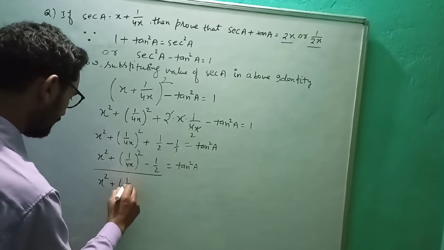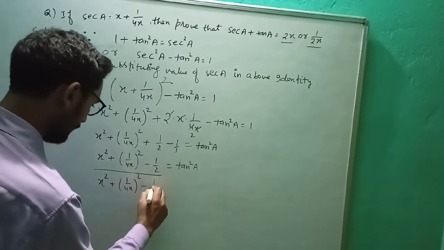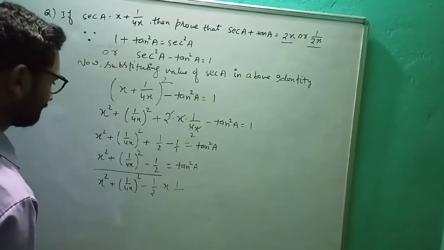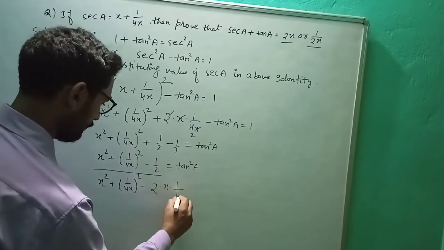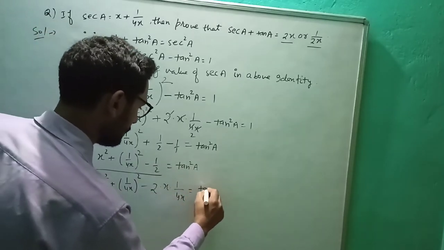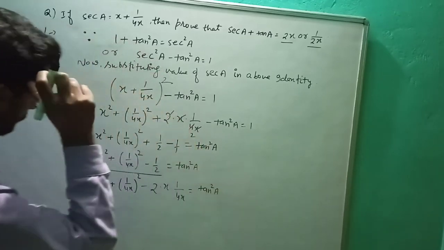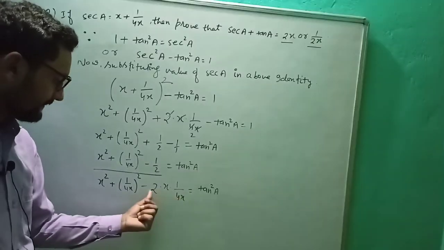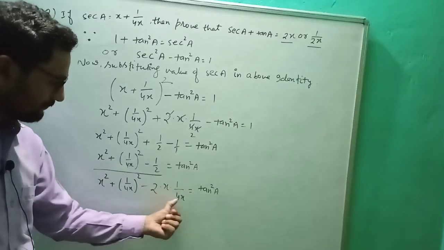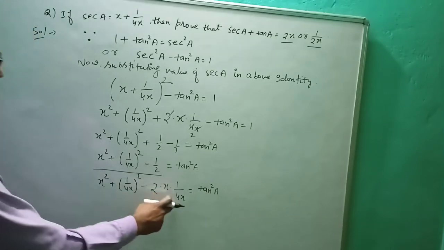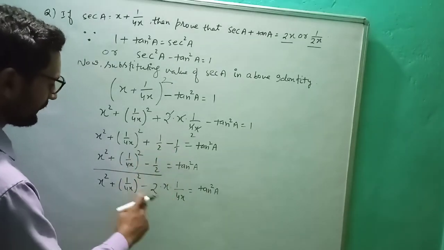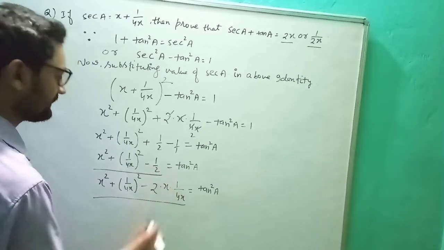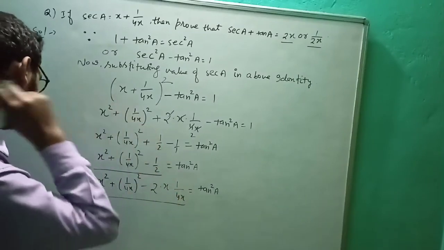So in order to make this a complete square, I can write it as minus 1 by 2 into x into 1 upon 4x, tan square A. Now x will cancel this x, and this is 2 there, and 2 divided by 4 you just get 2 there. So overall you will get minus 1 by 2, but this is now just by multiplying and dividing x and introducing this 4 term there.